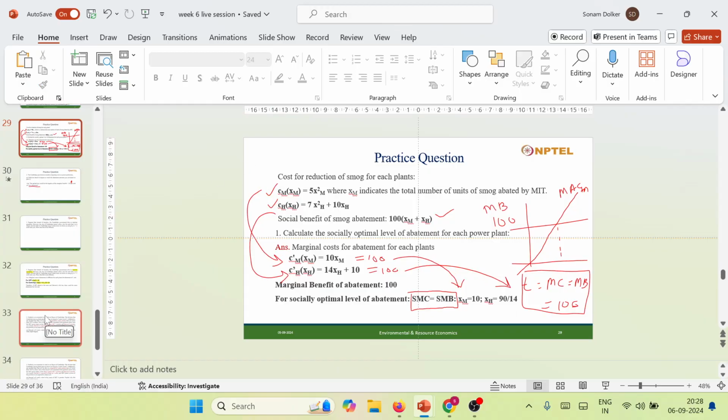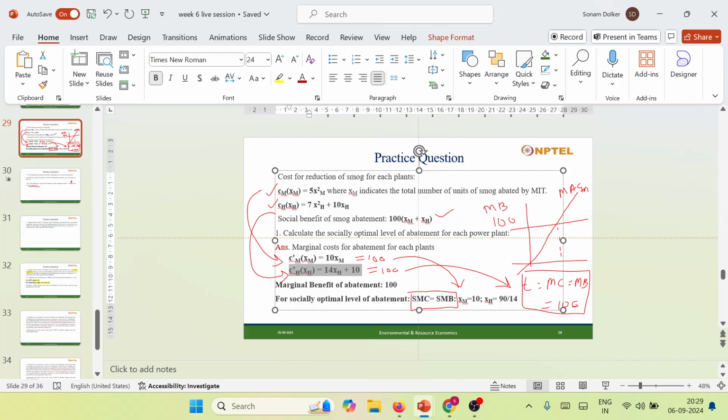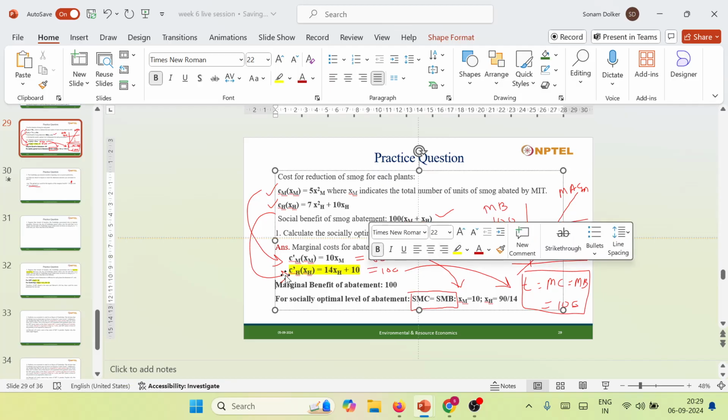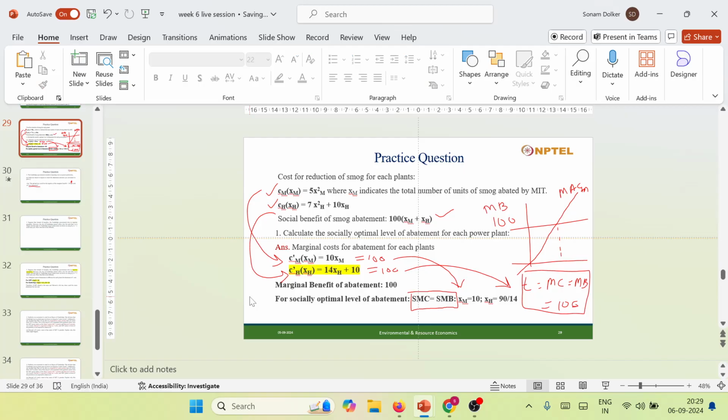So even though the MIT plant has permits for emission, the MIT plant will abate an additional 5 units of emission, and this extra permit will be sold to the Harvard plant, and the Harvard plant will not choose to abate since its cost of abatement is very high compared to the MIT plant.